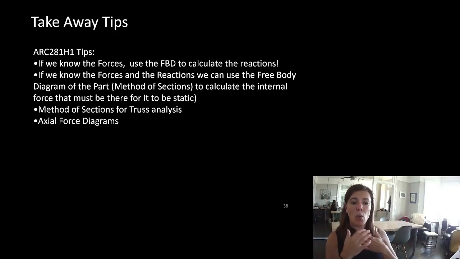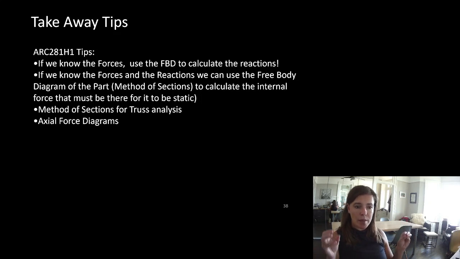So remember, we're figuring out the forces. That's what we figured out in the first few weeks. We figure out the loads on the building, and then we take the tributary area and we apply the load to the object. If we've done that, we can figure out the reactions that must be there to keep it in equilibrium. That's what we want. We want it to be in equilibrium, and we want to design whatever it takes for it to be in equilibrium.